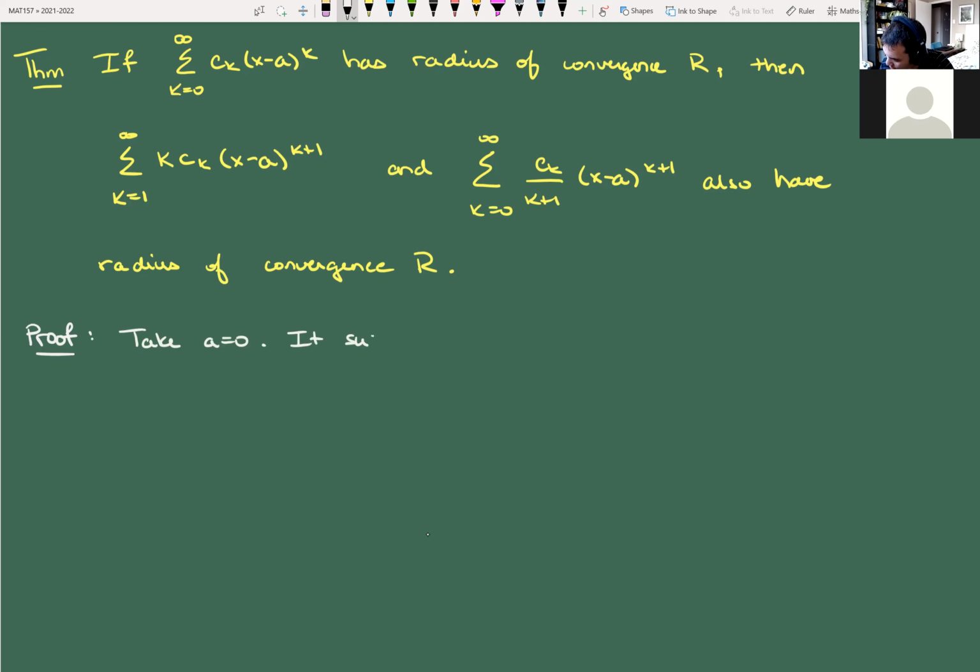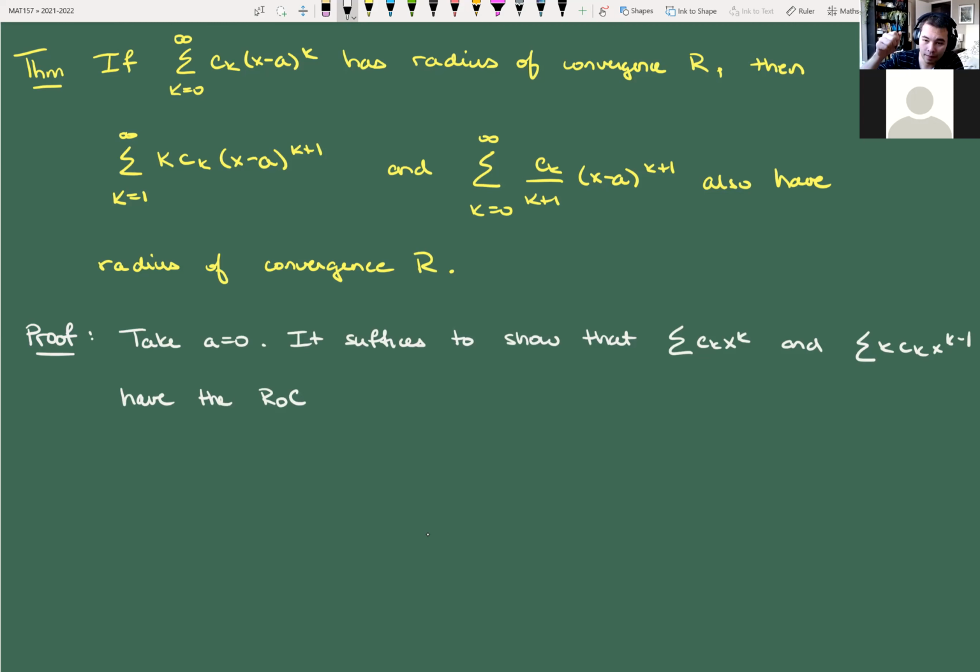So it suffices to show that the sum of c_k x^k and the sum of c_k x^(k-1) have the same radius of convergence. Because then you just apply that theorem to the integrated power series, and it tells you that it must have the same radius of convergence as your original function, and you're done, right?